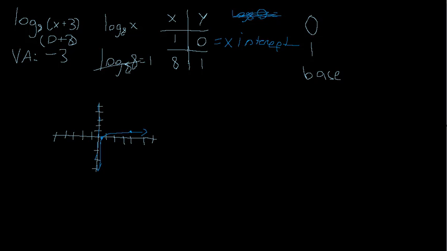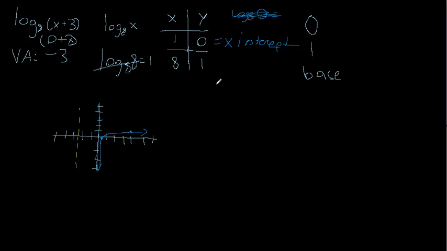After we find the parent function, we just have to apply the transformation. Since we know it's log base 8 of x plus 3, we can move it 3 back to the left here. Let me just change the color. We know the vertical asymptote is x plus 3, and then we can substitute these values in.